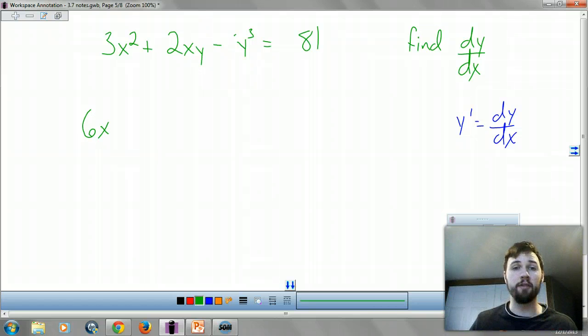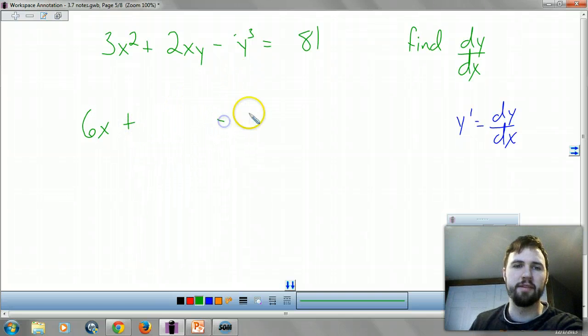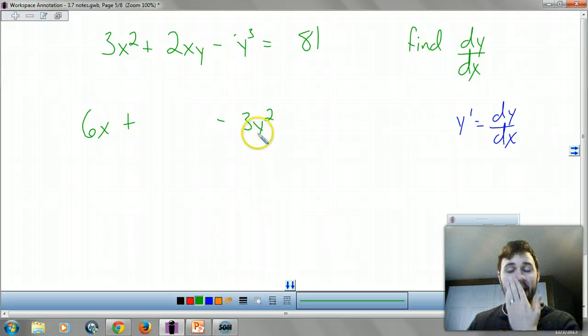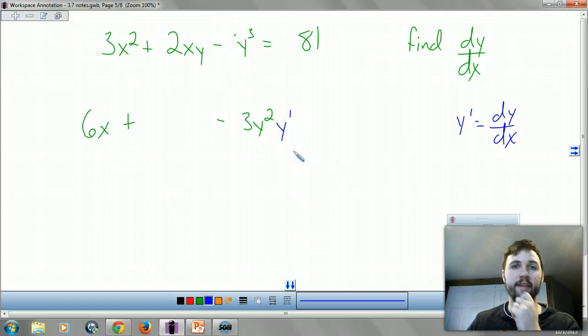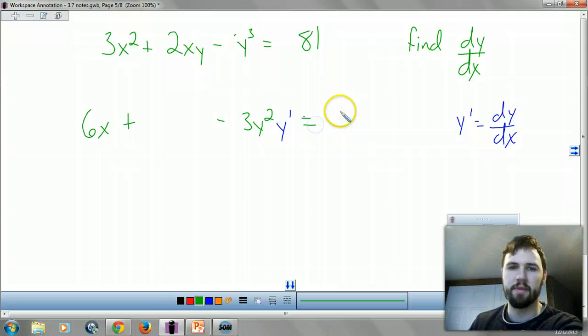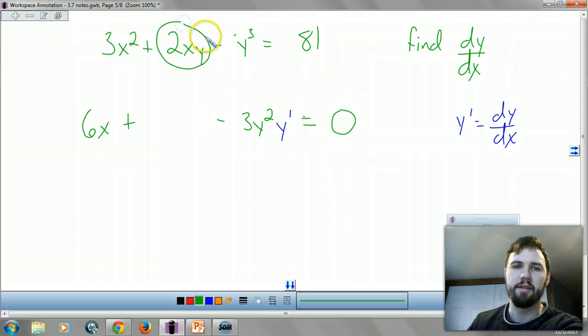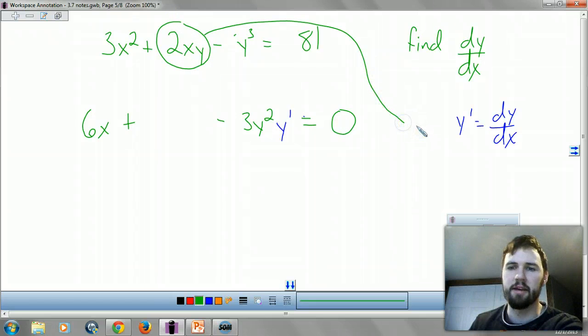Plus, I'm going to hold off on that piece, minus 3y squared times the derivative of the inside, which is y prime, because that's the derivative of y in terms of x. Equals derivative of 81, which is 0. For this beast, I have to make a sidebar.